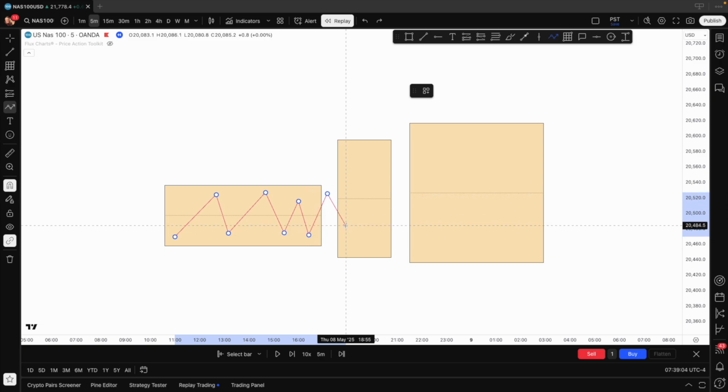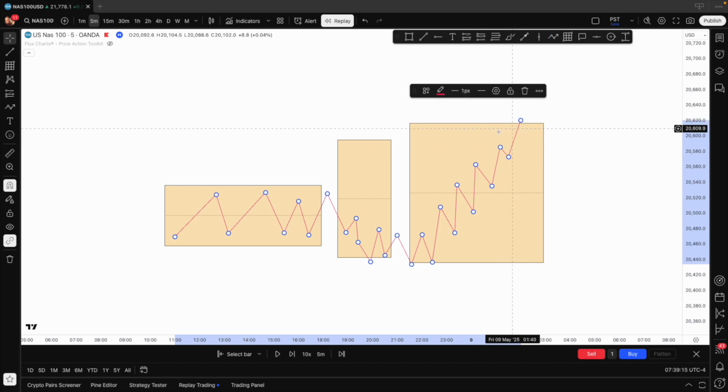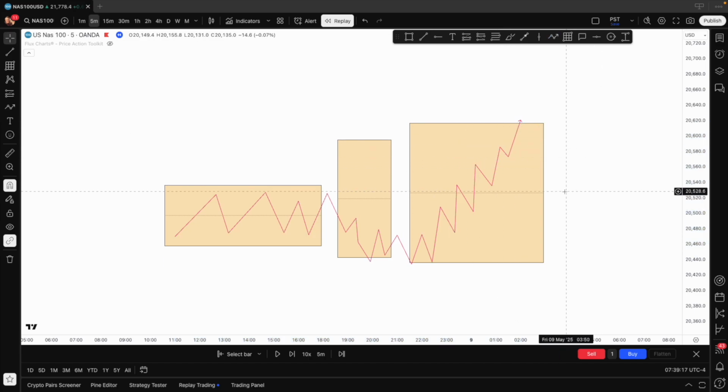If we sweep our Asia lows during London, we are going to wait for New York for the reversal to continue up.